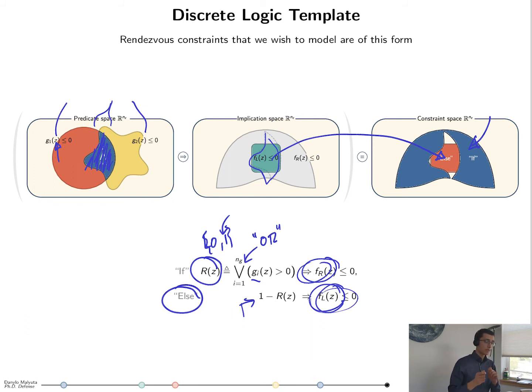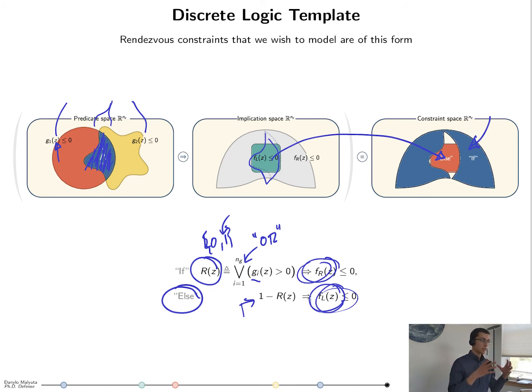So there's this kind of play between the two. Here's an example to illustrate the effect of this discrete logic. So here I illustrate two predicates, G1 and G2, and their sub-level sets, which are the sets of values of z, the optimization variable, where G1 is non-positive or G2 is non-positive.